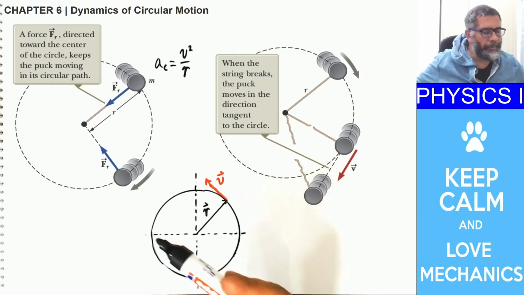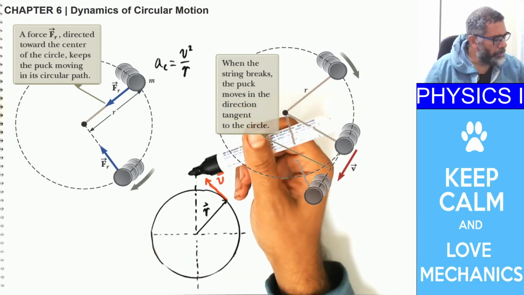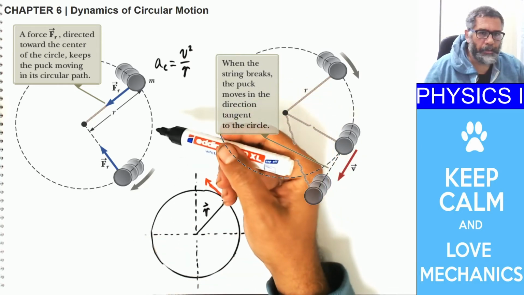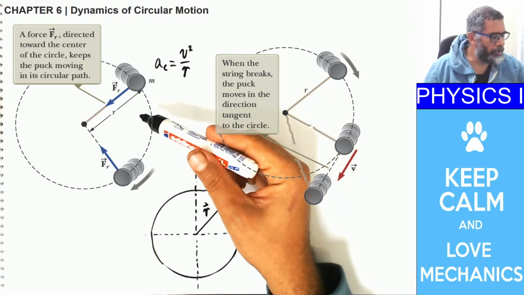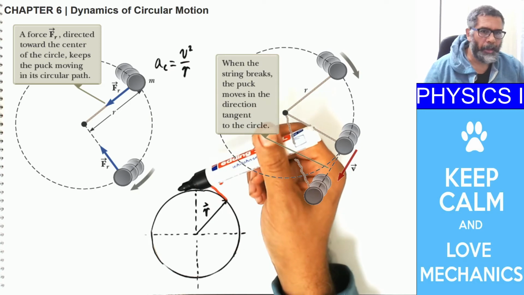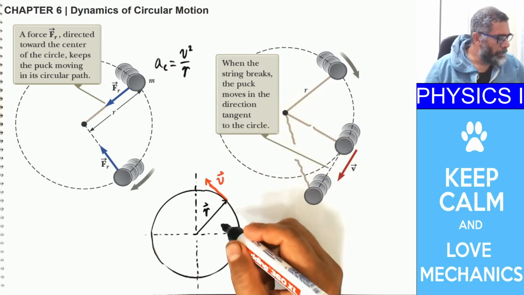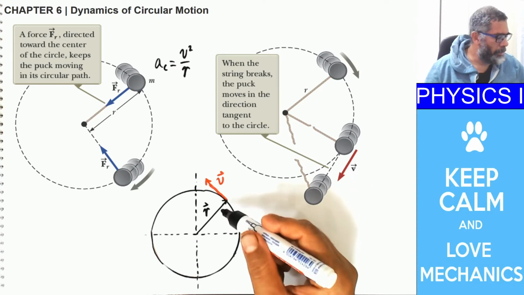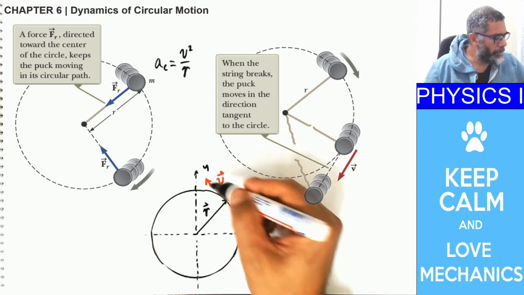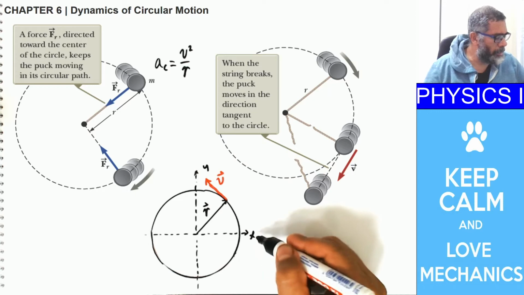But in order to analyze this motion, or write down Newton's second law for this uniform circular motion, it is best to choose a coordinate system which is not the standard Cartesian x and y coordinate system.